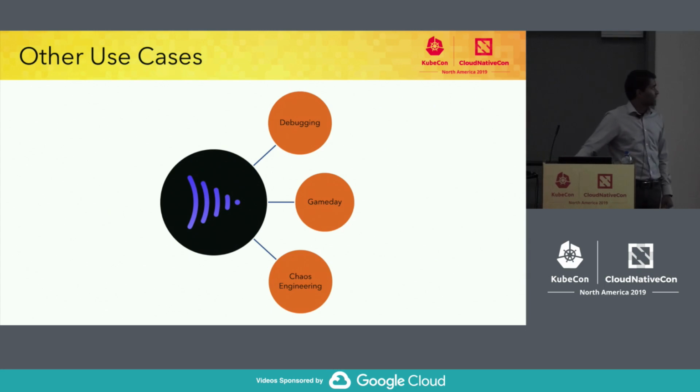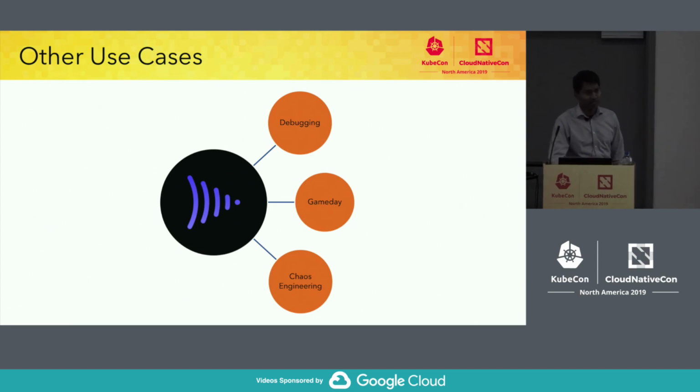We have some other use cases as well, other than alerting, security and visibility. We use Falco a lot during the debugging process. Because we are collecting raw system calls, when something happens we can go and look into our Elasticsearch logs to see who has run what command at what time.